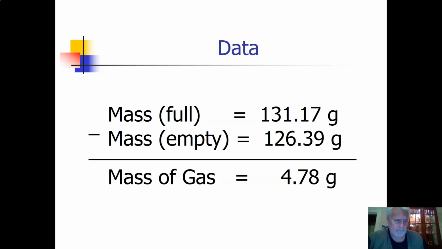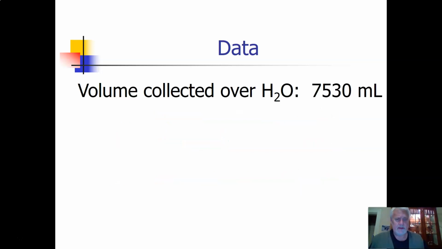Okay, now, so we already have the mass of this sample of gas that we need. Now, the trick is we're going to take this and submerge it underwater, and then we're going to bubble it up under the water so that we can see what the volume is.